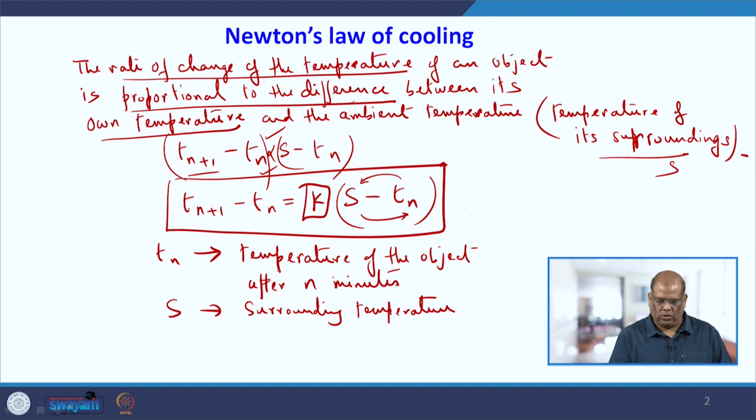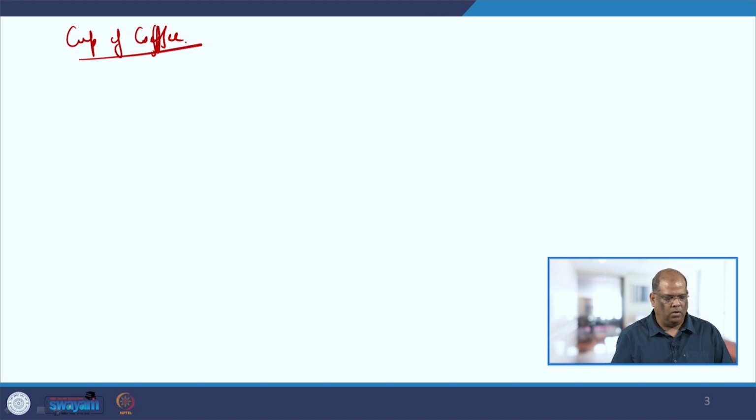Now, suppose you have a cup of coffee in the room. Say the temperature is 190 degree Fahrenheit, and say after 1 minute it becomes 180 degree Fahrenheit.